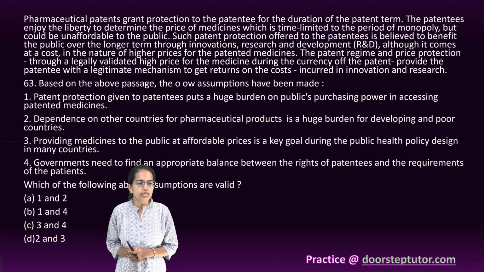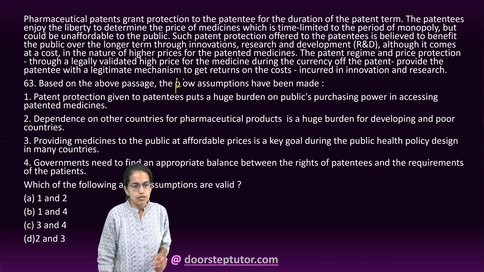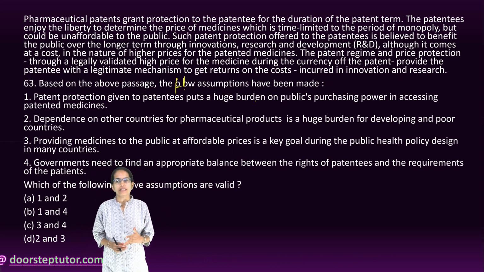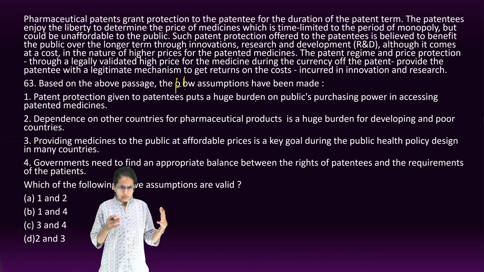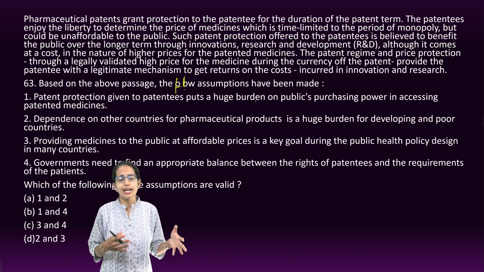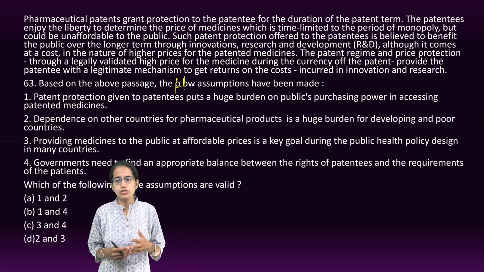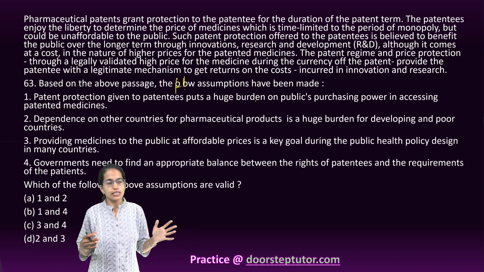The next question talks about a passage that actually focuses on pharmaceutical patents, and this focuses on the concepts of monopoly by the firm as well as the nature of higher prices of the medicine. So the patent regime as well as the protection of the patent is equally important.